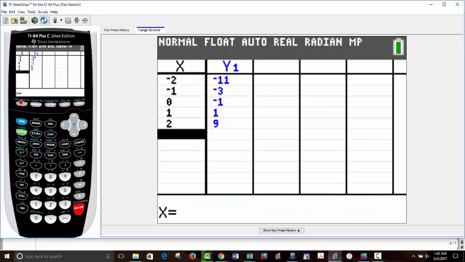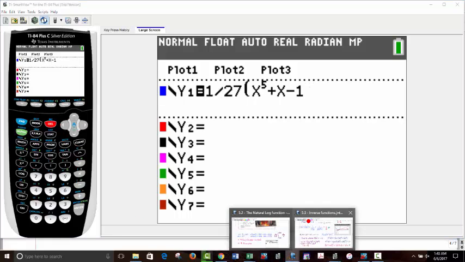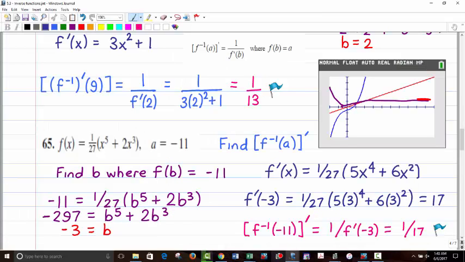So I'll just go ahead and come over here real quick and do this as 1 divided by 27 times x to the fifth, plus 2x cubed.